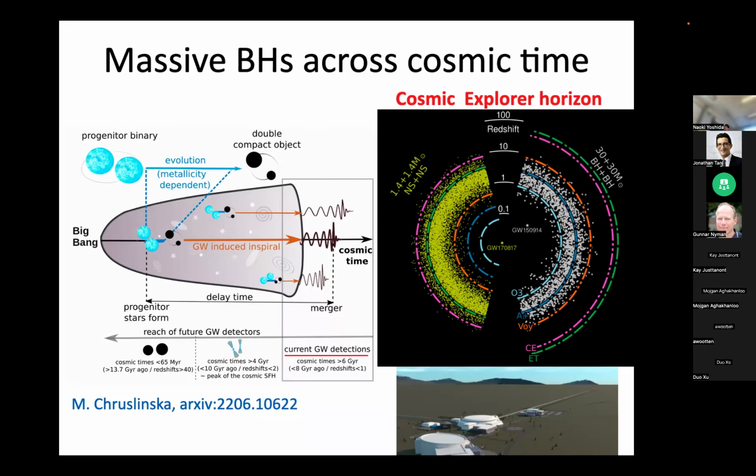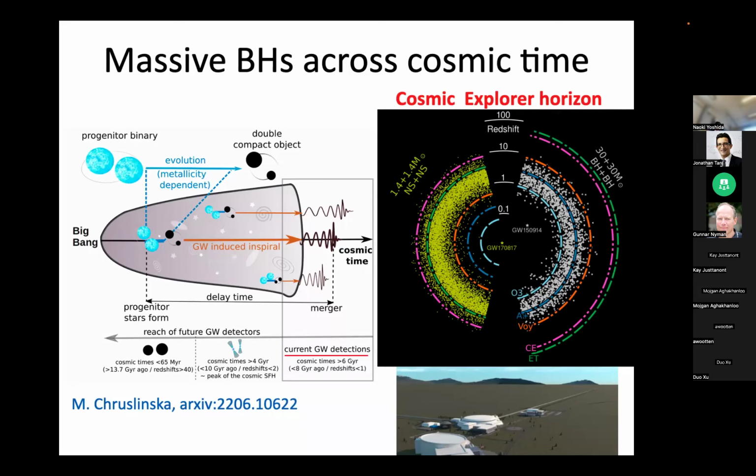The Cosmic Explorer is the US proposed third generation gravitational wave observatory. It's roughly 10 times bigger than LIGO, and it has about 30 or 50 times better sensitivity. Currently the LIGO gravitational wave detectors have a sensitivity to observe black hole mergers below redshift 1 or so.